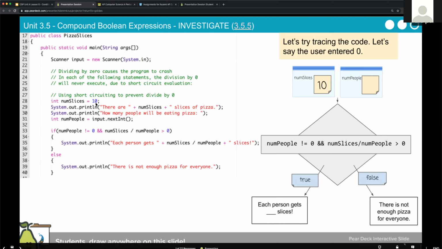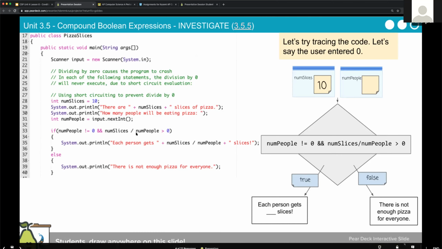Then on line 30 we ask the user how many people are going to be eating pizza, and that answer is stored inside num people. Then we have to evaluate if we have enough slices for each person.